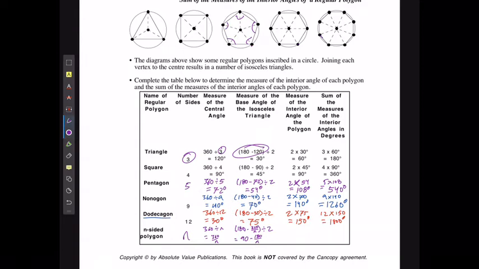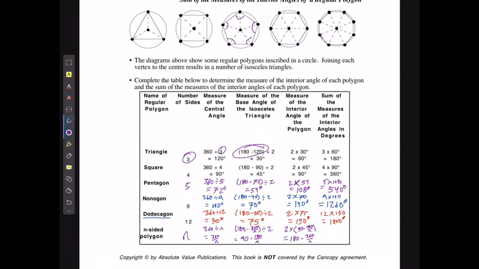When I double them, then I'm just going to get the 180 minus 360 over n.